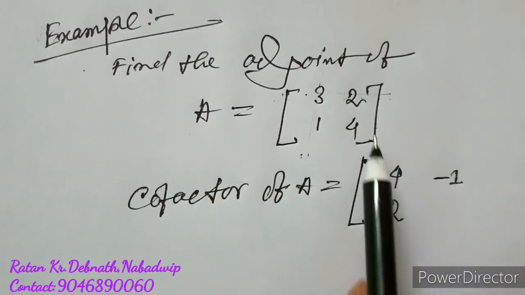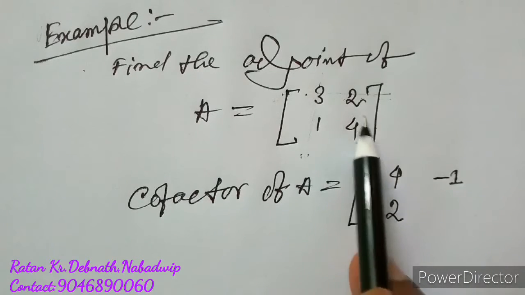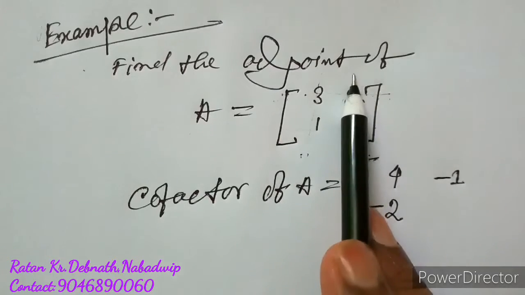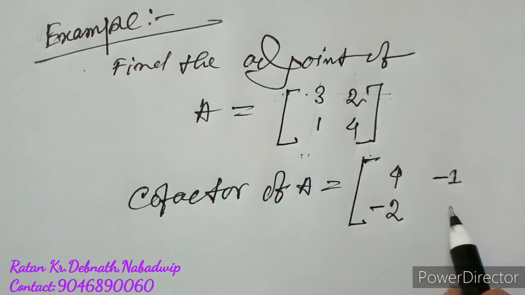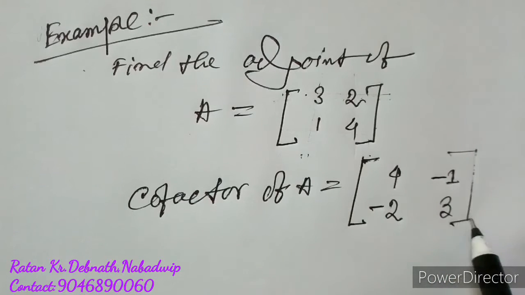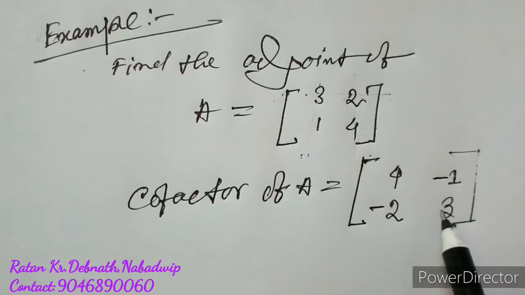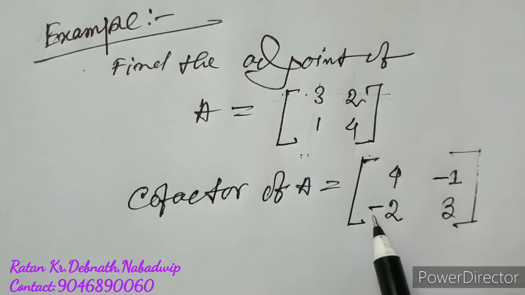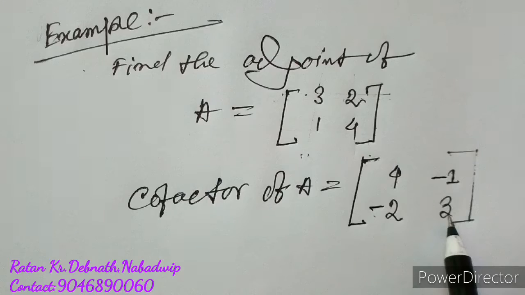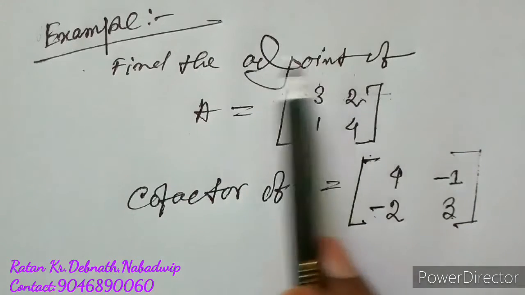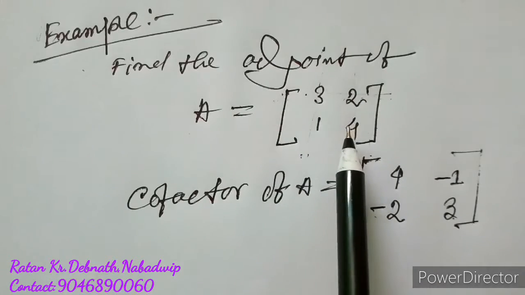Next, cofactor of the element 4 equal to, suppress this row, suppress this column, 3, and positional sign also positive, so 4, -1, -2, 3 is the cofactor of this matrix.